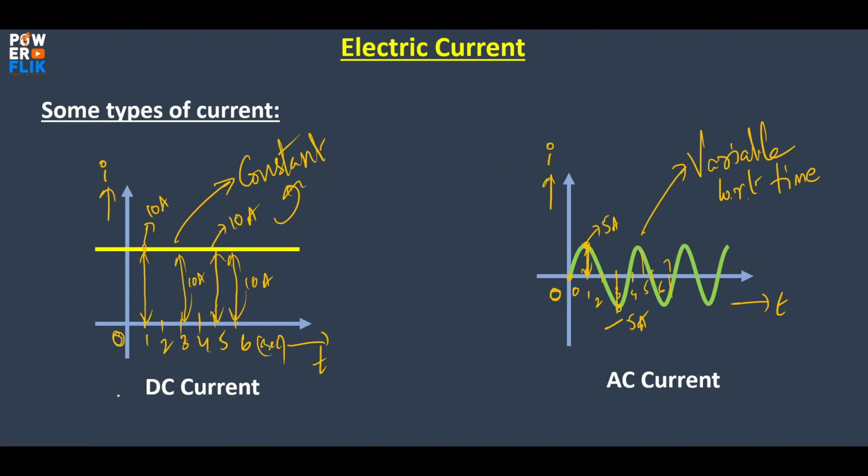The DC current equation can be written as I is equal to, what is the magnitude? 10 amps. Simple. This is the DC current equation. But here, we will write I equals 5 sine omega t.